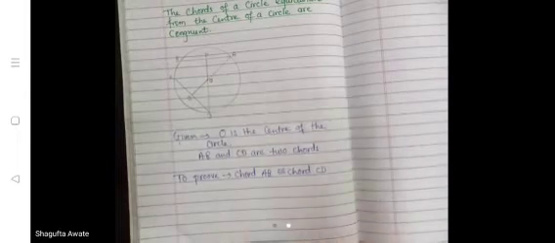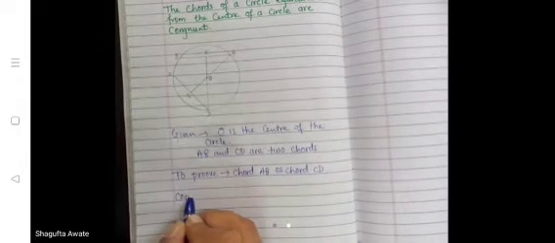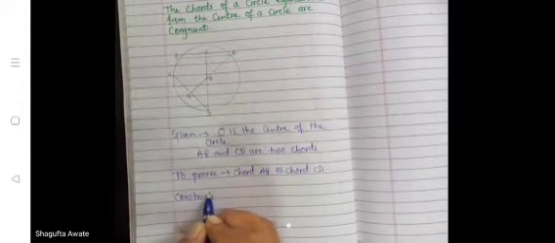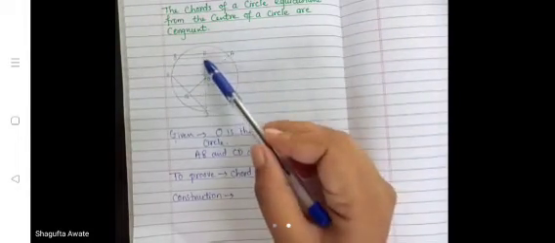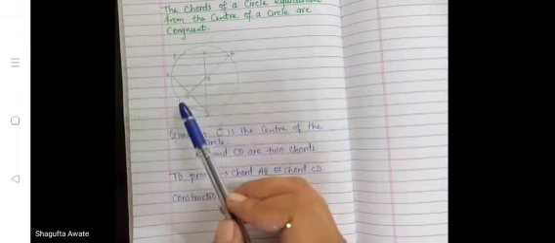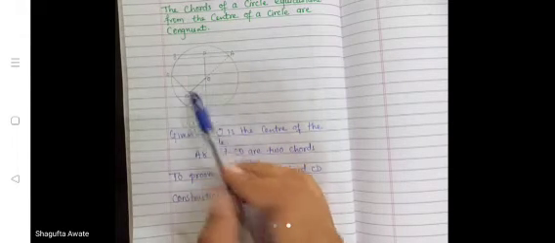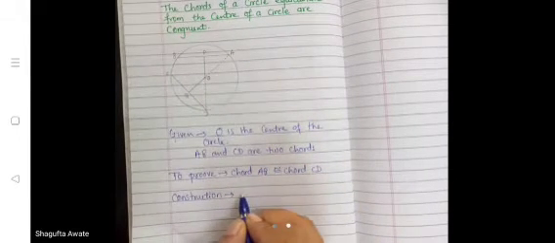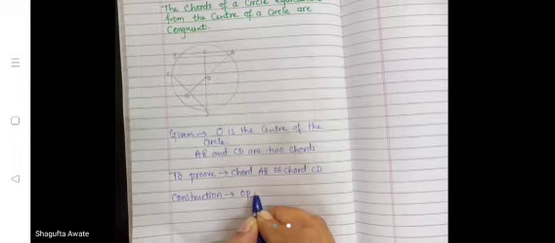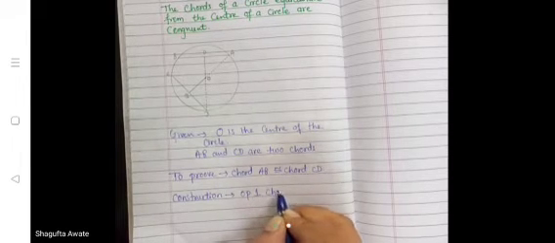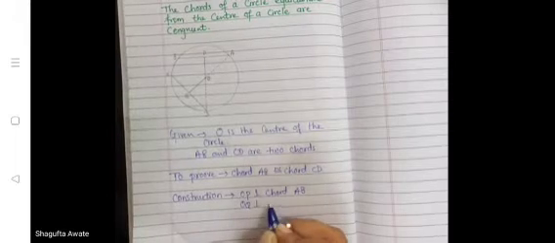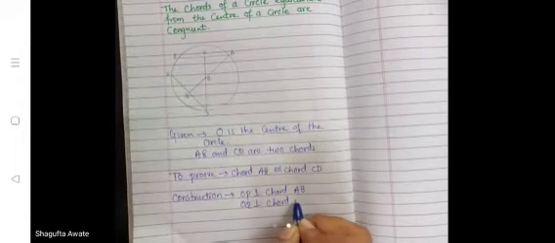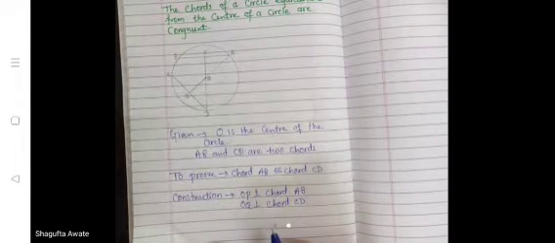So construction. OP is perpendicular to chord AB and OQ is perpendicular to the chord CD.